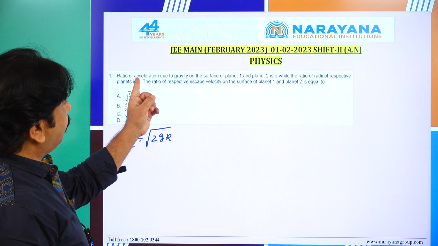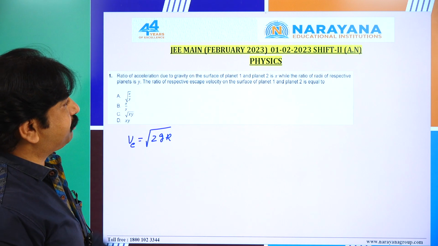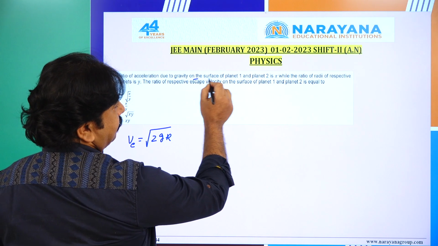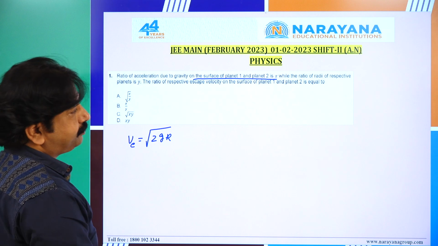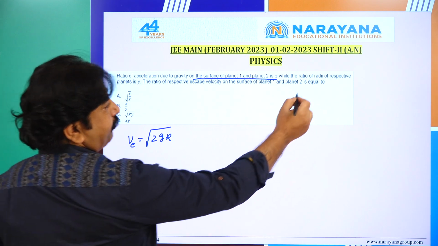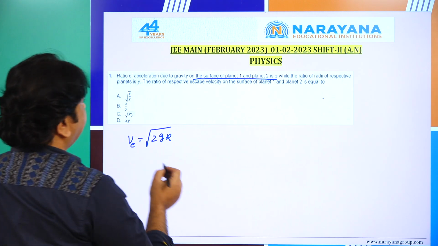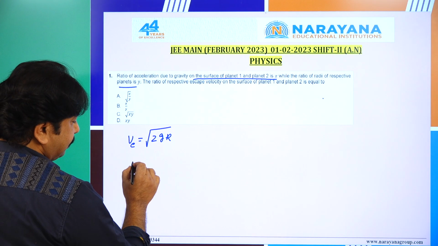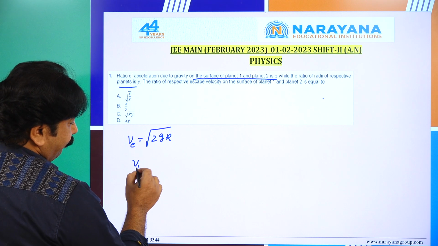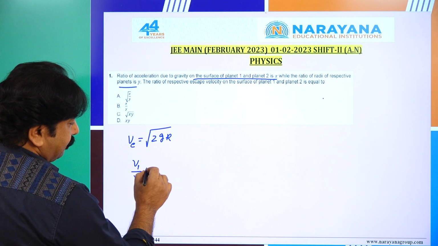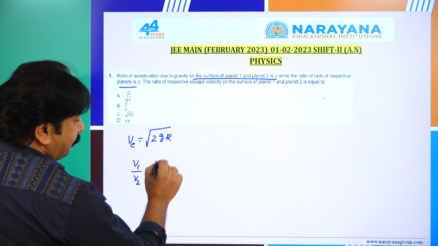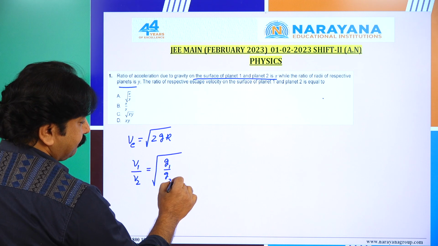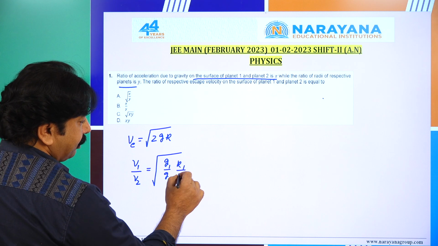Now, the acceleration due to gravity on the surface of planet 1 and planet 2 are different from each other, and the radii of the respective planets are also different. So that's why you can write the ratio v1 by v2 is equal to under root of g1 by g2 and r1 by r2.